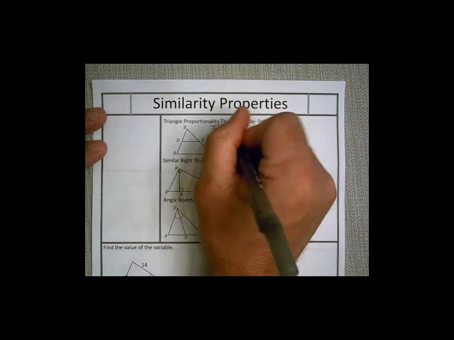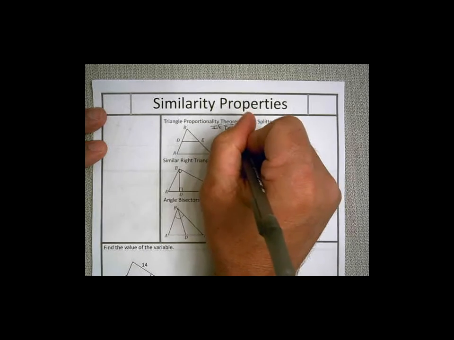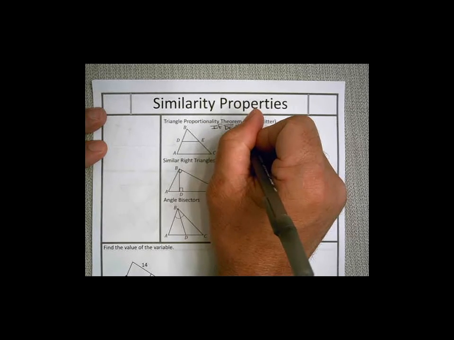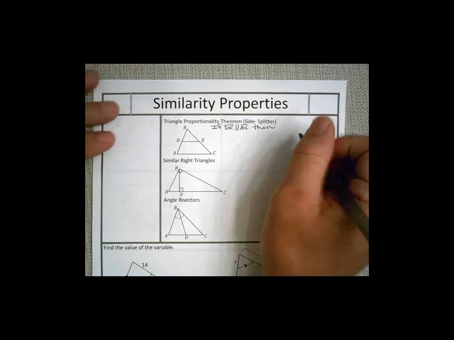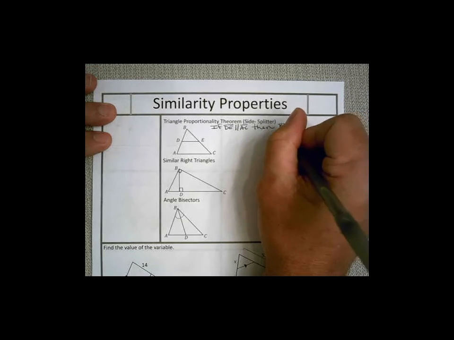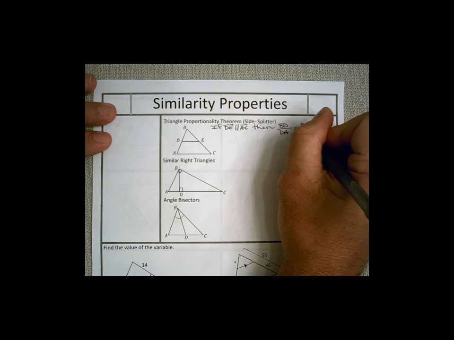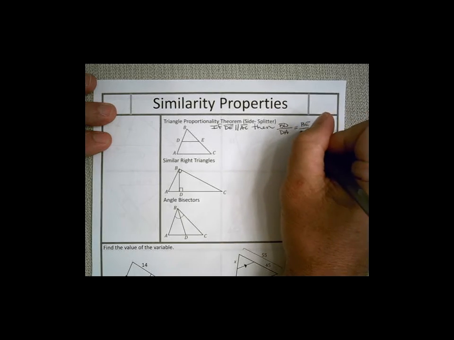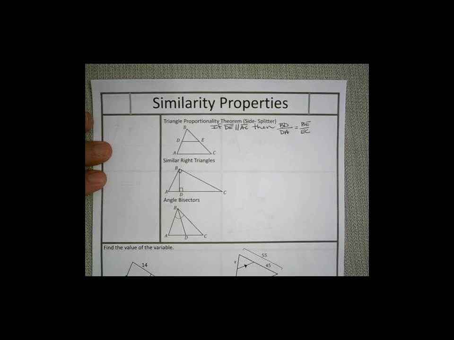If we can say line segment DE is parallel to line segment AC, then we can say that line segment BD over line segment DA is equal to line segment BE over line segment EC. All right, well, what does that mean?